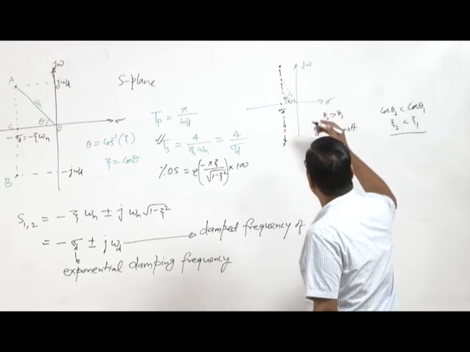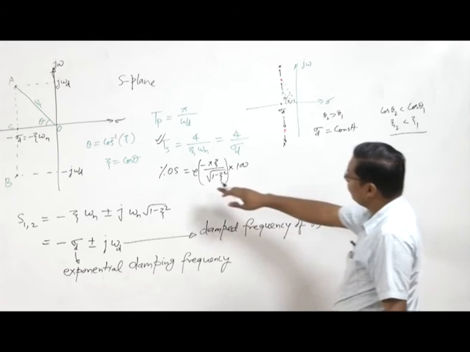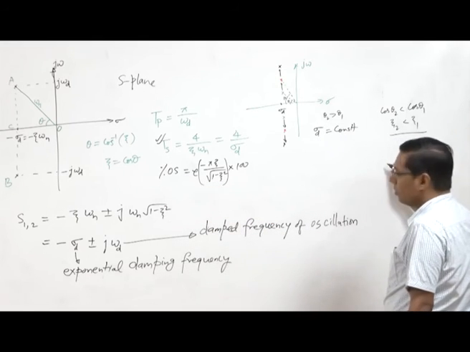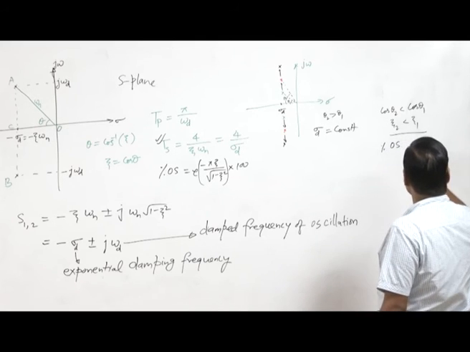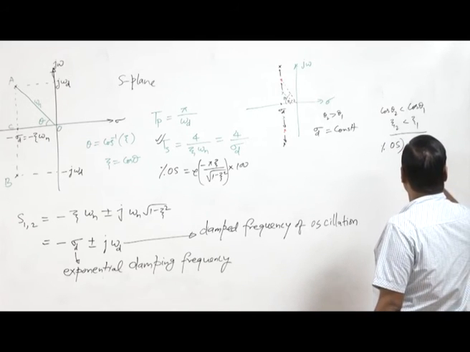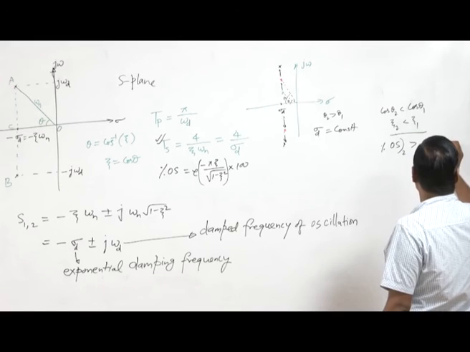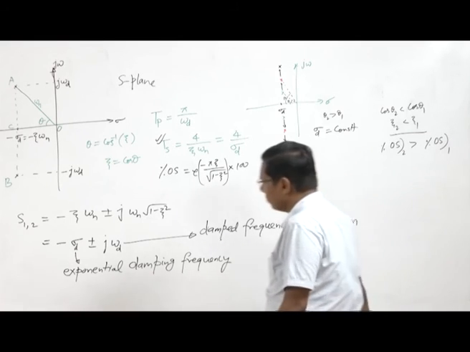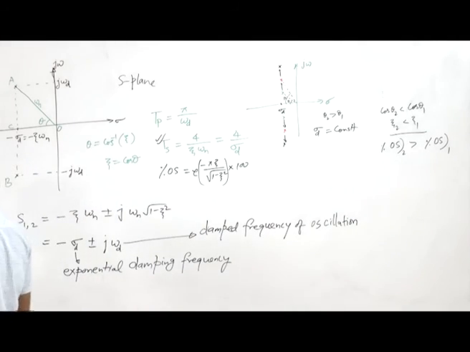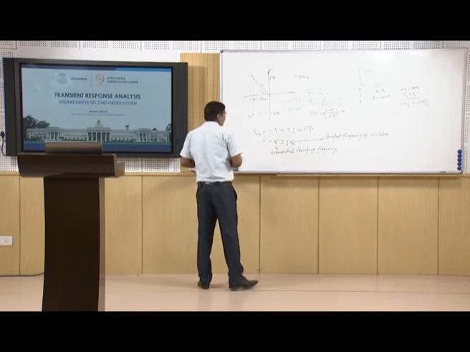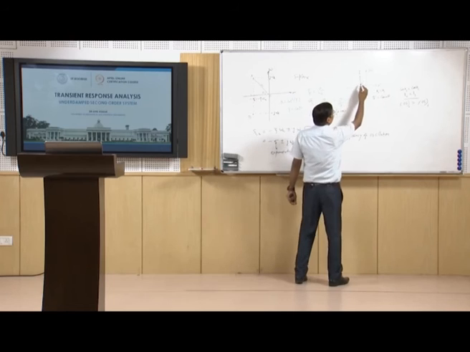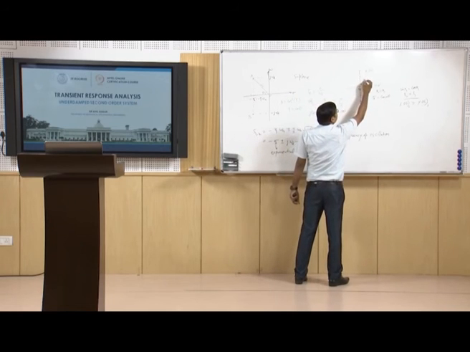when we are moving we have less damping, and so your percentage overshoot is more. So percentage overshoot for 2 is greater than percentage overshoot of 1. And when we are moving from here to here, omega n is increasing.